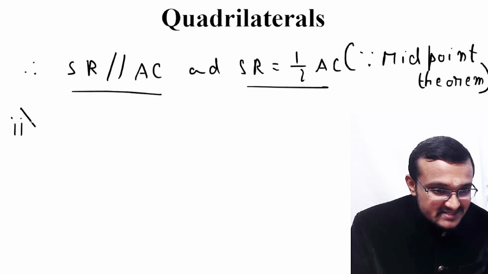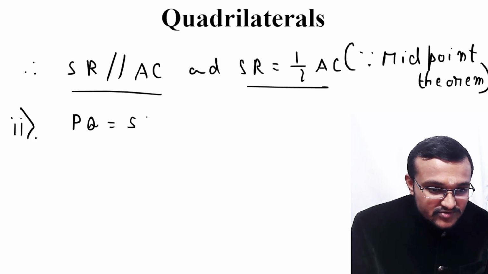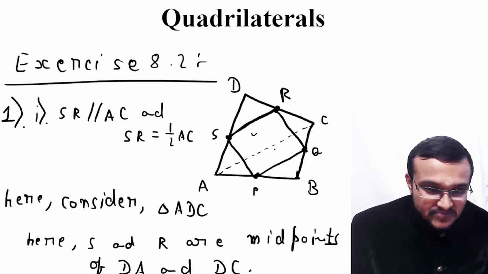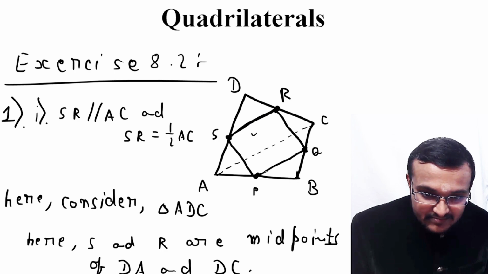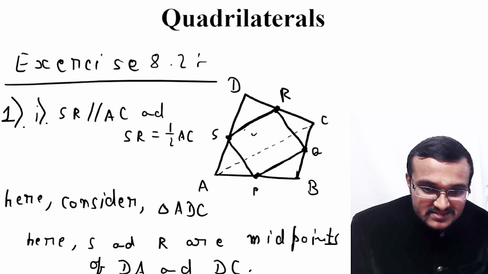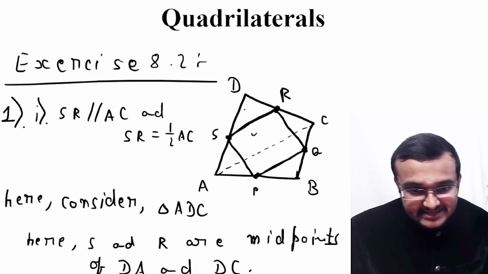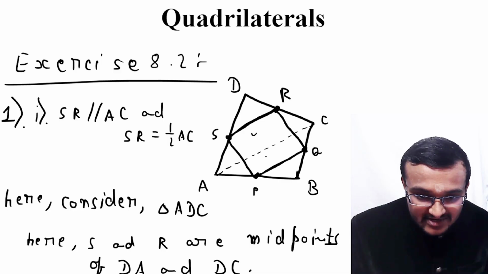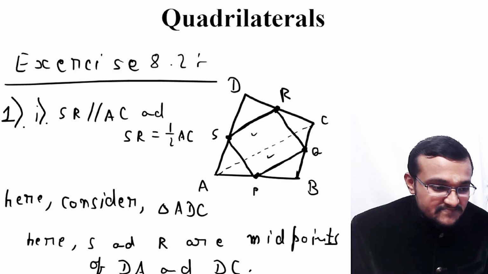Now we look into the second question. Here you need to prove PQ is equal to SR. In order to prove that, we'll consider the lower triangle ABC.